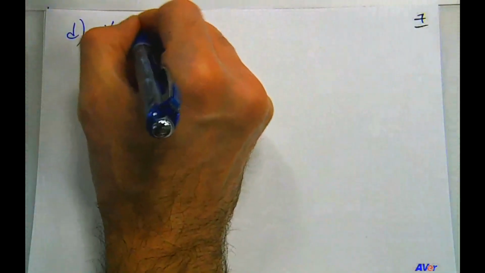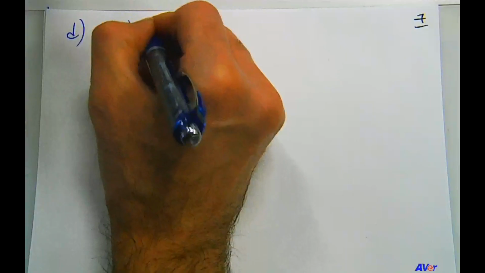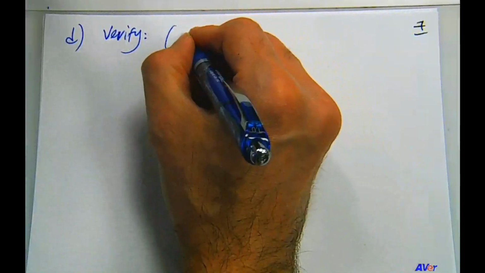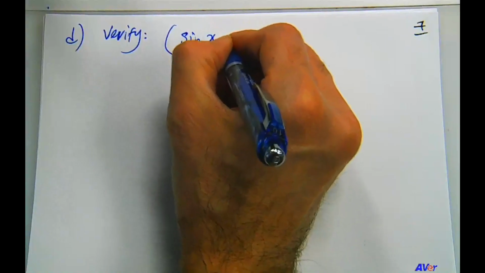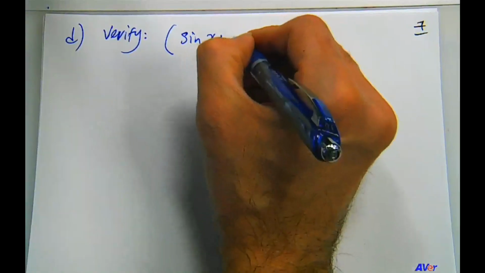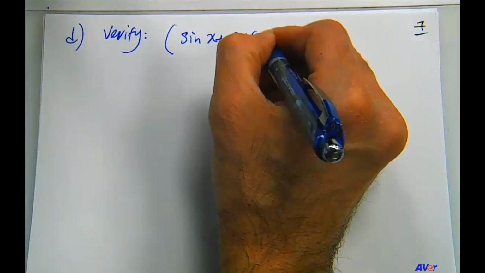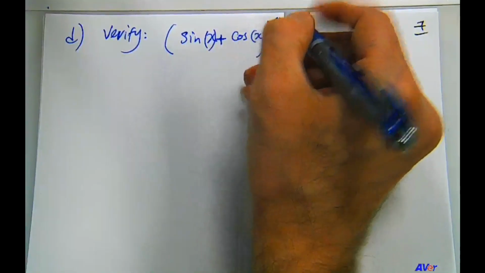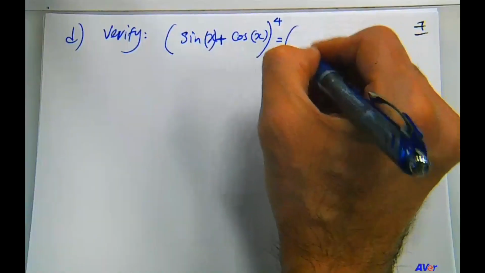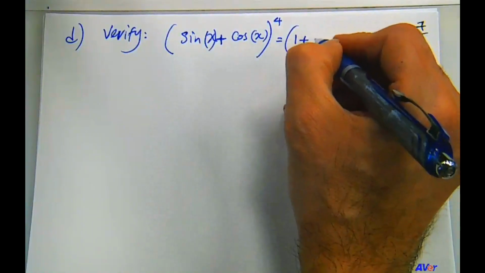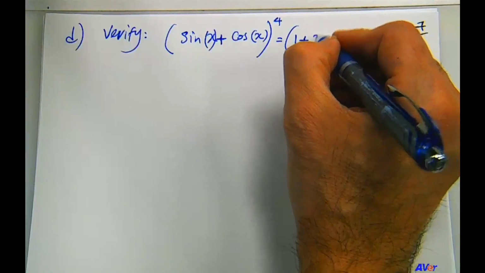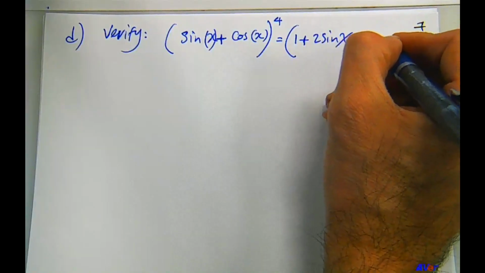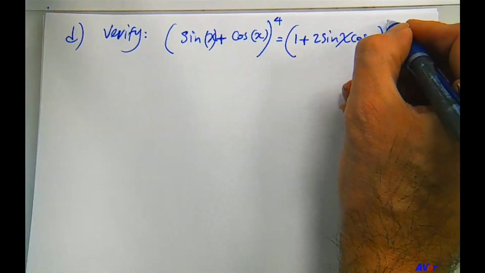So here we want to verify this equation. We have sine of x plus cosine of x to the fourth power equals 1 plus 2 sine of x cosine of x squared.